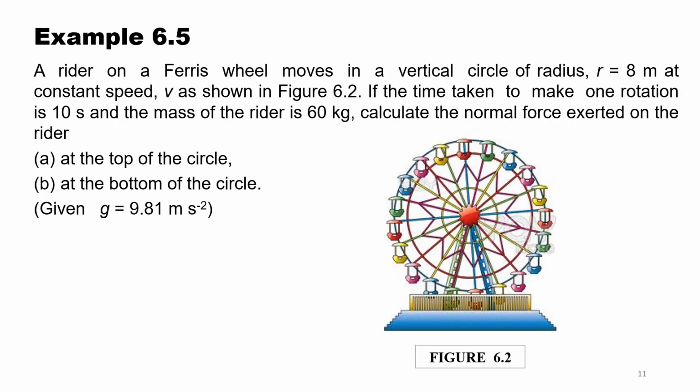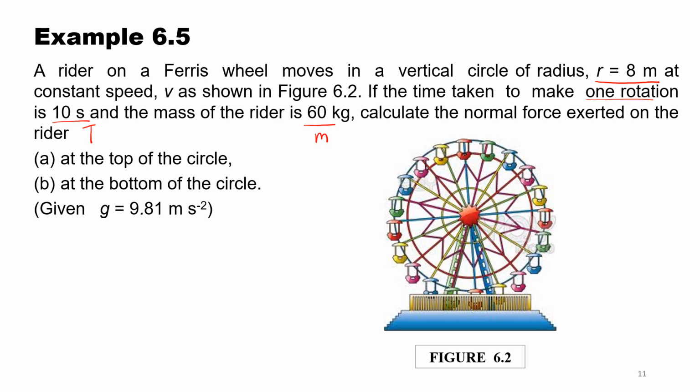Example 6.5. A rider on a Ferris wheel moves in a vertical circle of radius r is equal to 8 meters, at constant speed v as shown in figure 6.2. If the time taken to make one rotation is 10 seconds, this is the period, and the mass of the rider is 60 kilograms.